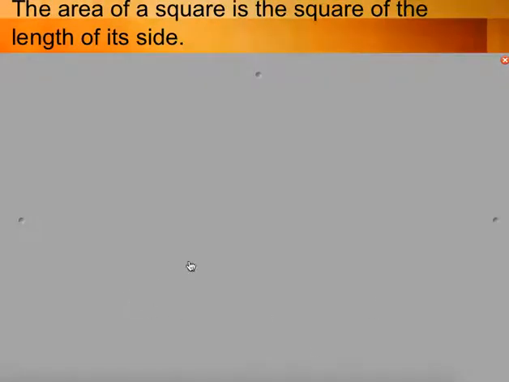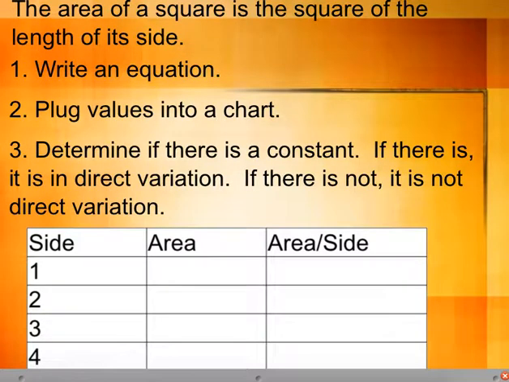And then the area of the square is the square of the length of the sides. So when we do this, we're going to write an equation. So we have area equals side squared. That's how we would find the area of a square. And side squared, so we get 1, 4, 9, and 16. I'm just squaring the side length.